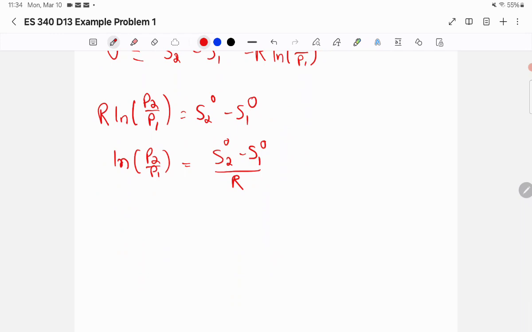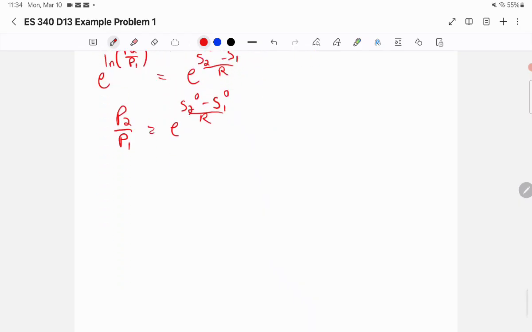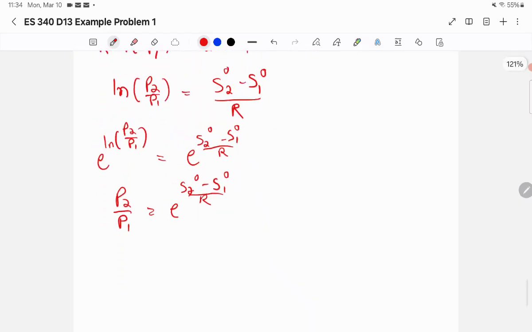And then I can obviously take e to the log. P2 over P1 has to be equal to e to the S2 circle minus S1 circle over R. And finally, because e to the log cancels each other out, right?